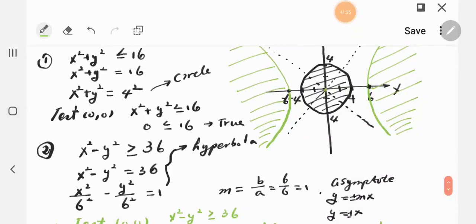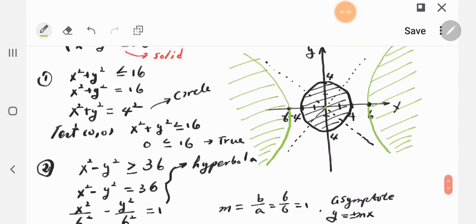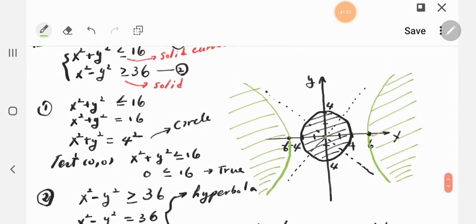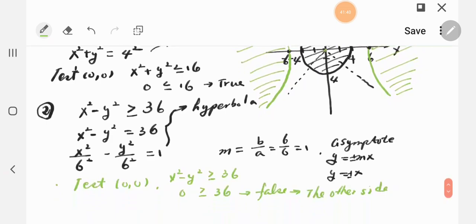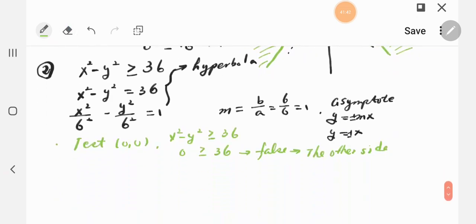So as you can see, there's no common area. For the first inequality, the solution is inside the circle. And for the second inequality, the solution is outside the hyperbola. And as we can see, there's no common area. So we can conclude that there is no solution.